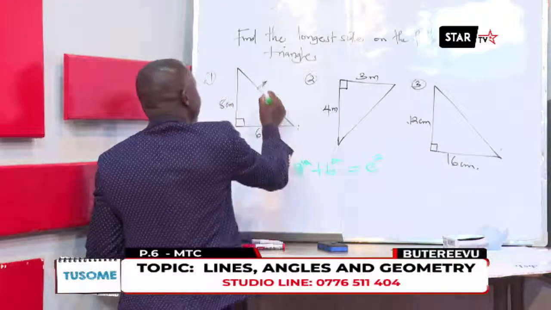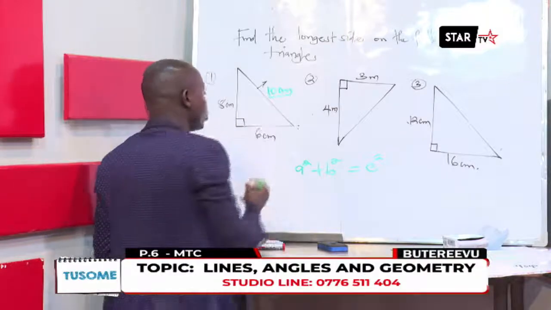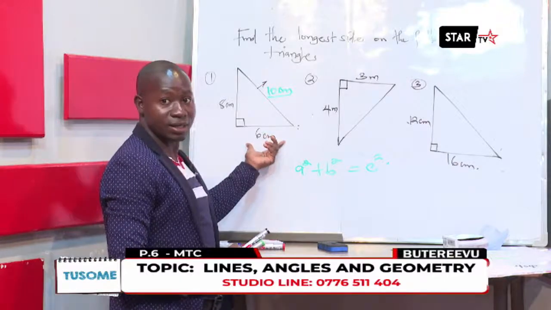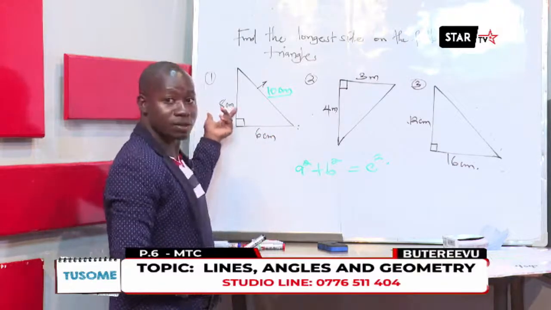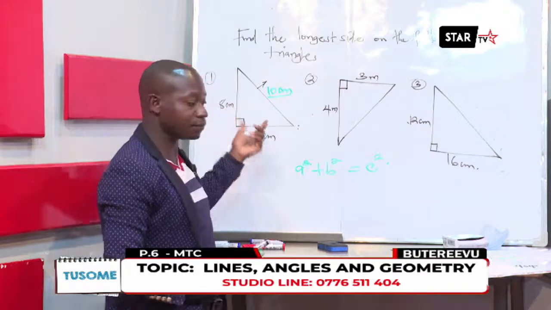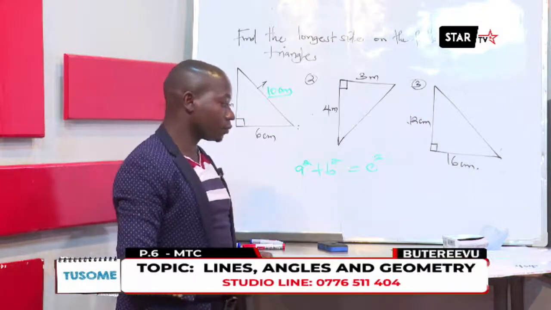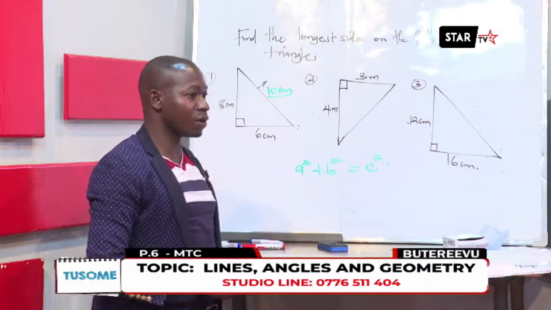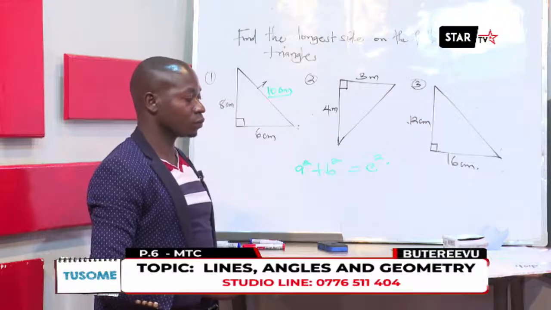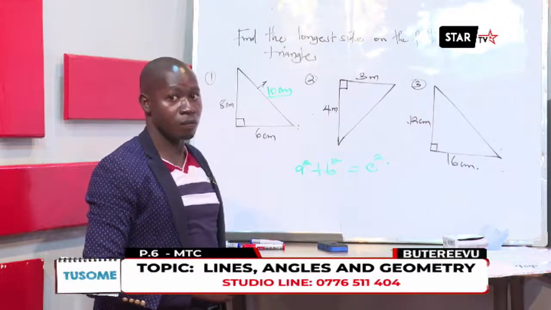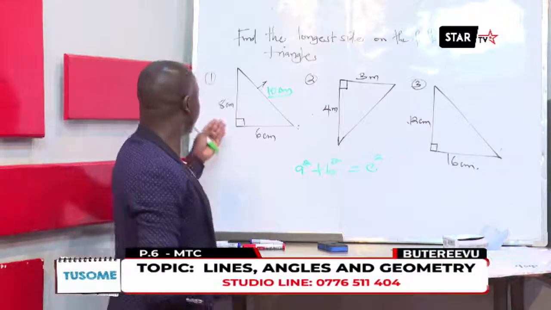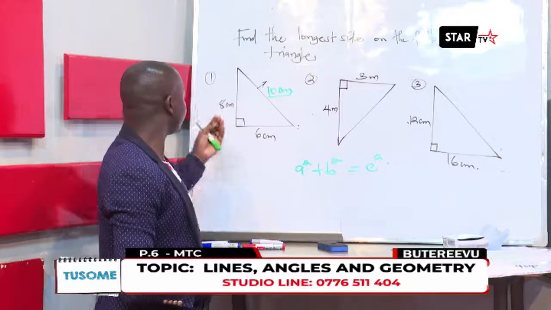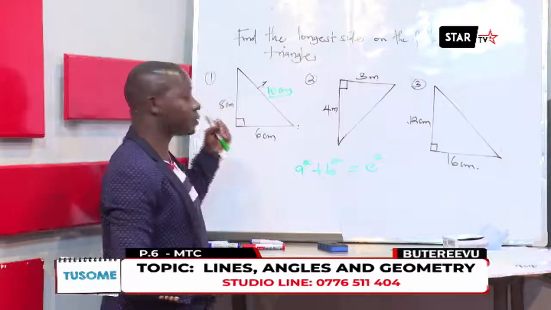For whoever's been answering number 1, Jasmine has answered it first. 10 centimeters. Very true. She has told us the square of 6 is 36, added to the square of 8, which is 64. Jasmine has added the square of 6 and the square of 8, which is 36 plus 64.